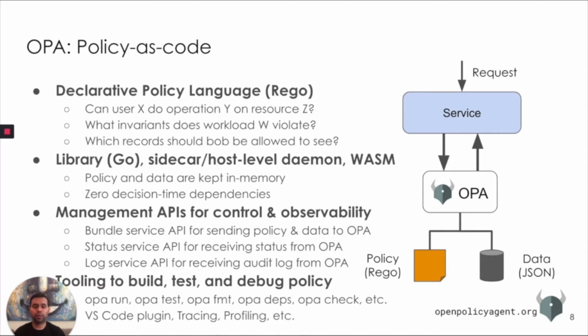There are also integrations with VS Code, with Vim, and so on. We also have the Rego playground which you can use to experiment with your Rego policies and also share them. So these were some of OPA's features: a high-level declarative language, multiple deployment models, management APIs for control and visibility, and a rich tooling set.